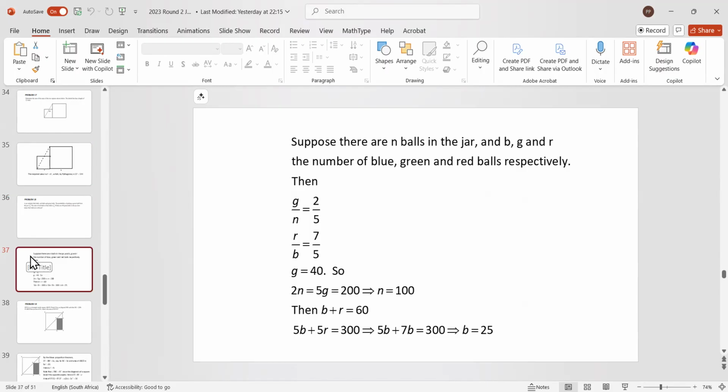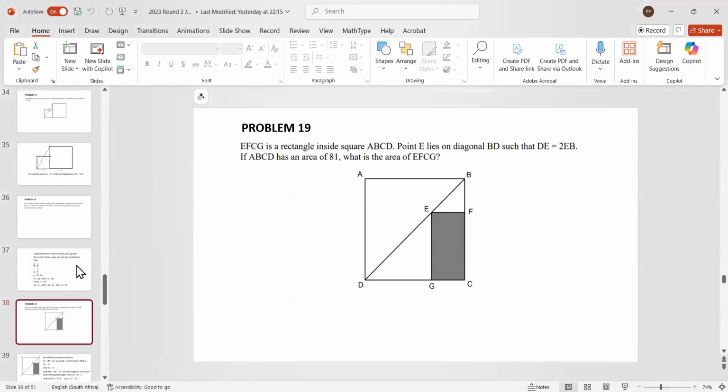All right, let's get on to the next problem, which is problem number 19. EFCG is a rectangle. This is a rectangle, the shaded part. You can see it's not a square.